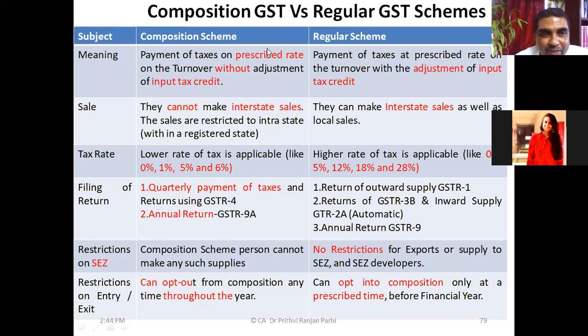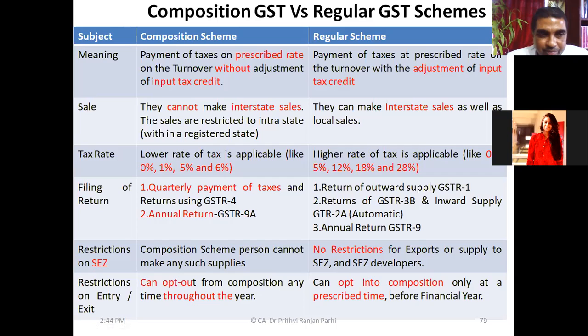Under composition scheme, you see, payment of taxes is at prescribed rates on the turnover without adjustment of ITC. ITC adjustment is not possible. Without adjusting ITC, you have to pay. Under regular scheme, taxes are to be paid after adjustment of ITC, if input credit is available, that has to be adjusted.